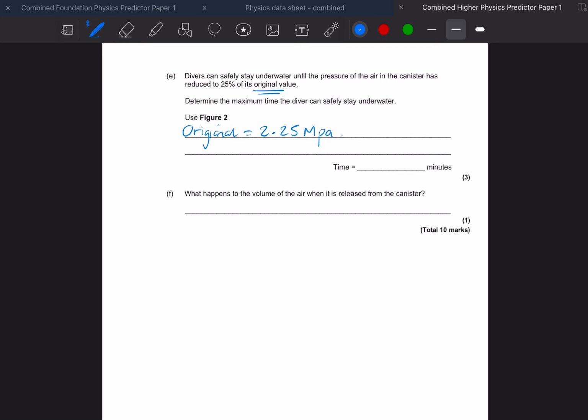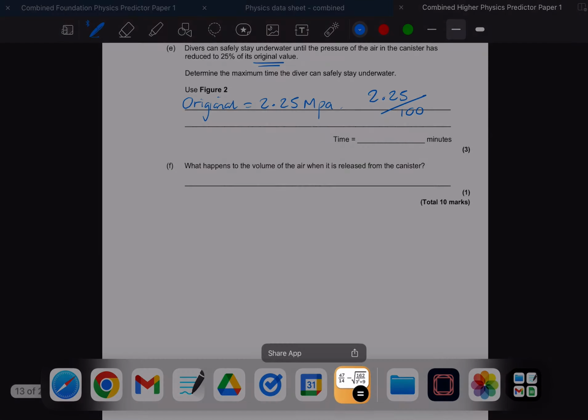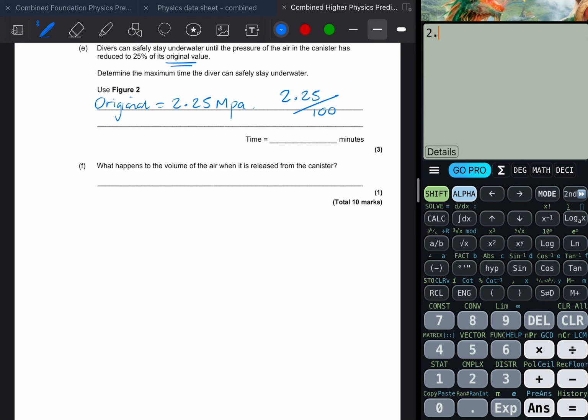So we want to find 25% of that. So what we're going to do is take 2.25 divided by 100. It's going to give us 1%, which is 0.0225, and we're going to do that times 25 to get 25%.